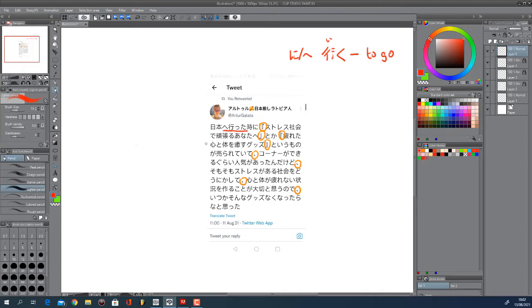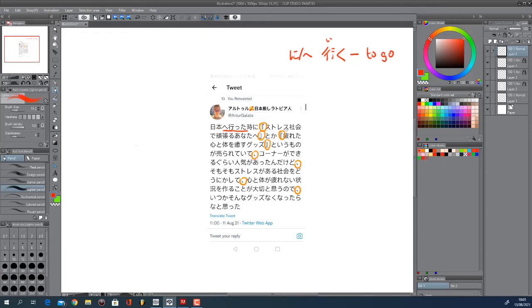It's a more general suggestion of going somewhere rather than going specifically to a place for a purpose. So we got the verb 行く, to go. That's our first verb. So we're going to carry on.